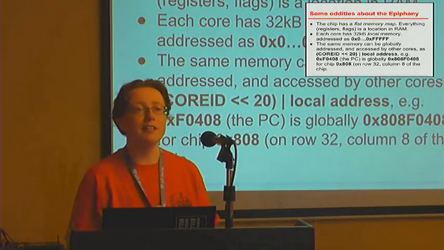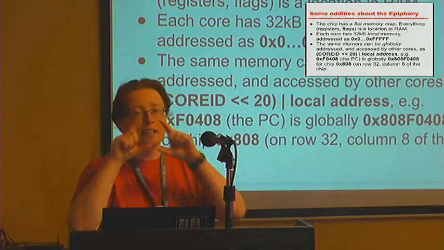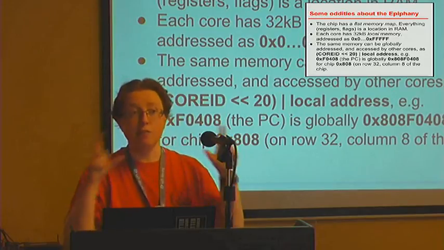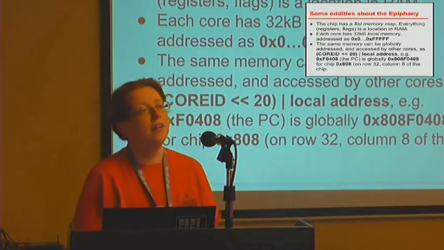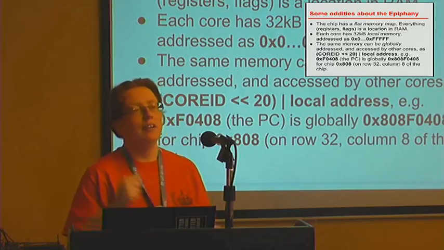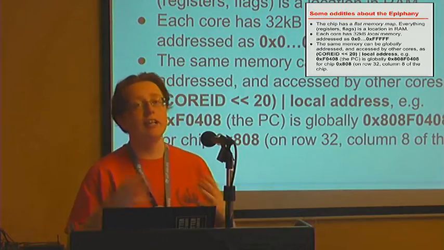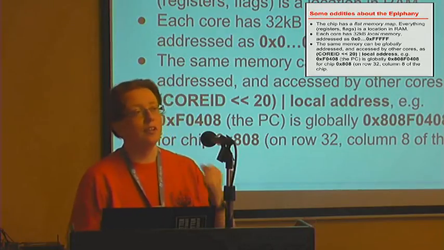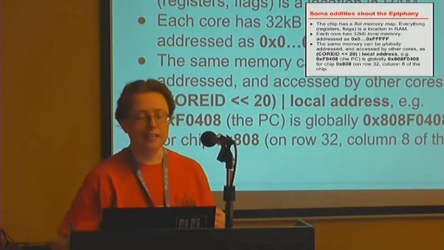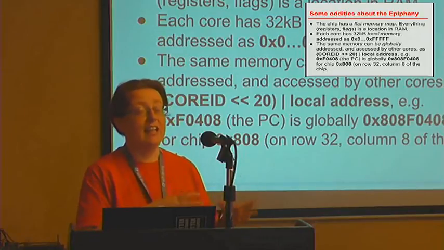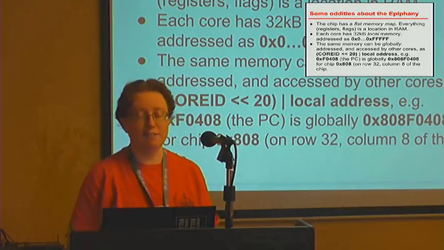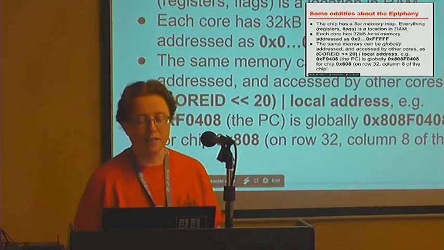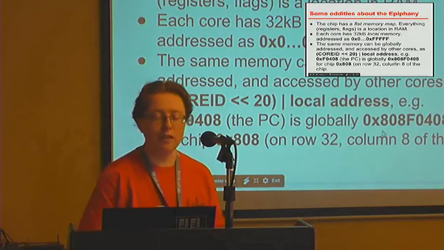It's position 100 in chip 808's tiny little segment of the global memory map. So the Epiphany will map these local addresses onto their global addresses. So if you're chip 808, then your position 100 is going to be in hex, 0x808, whatever 100 is, following it. So it's all together with your core ID.